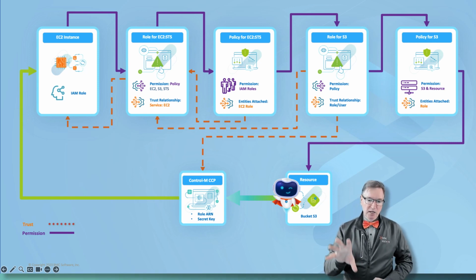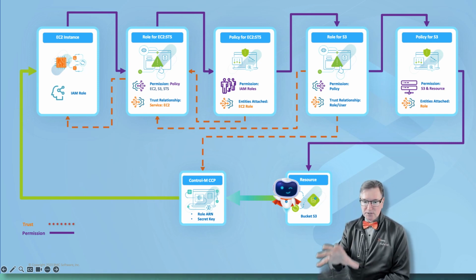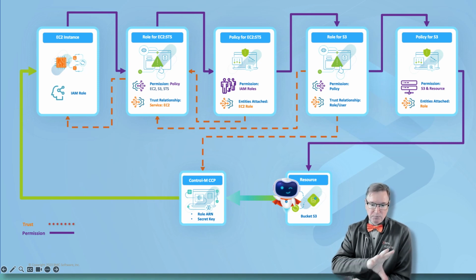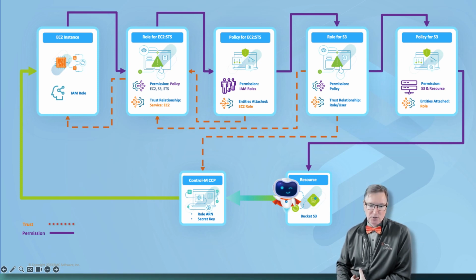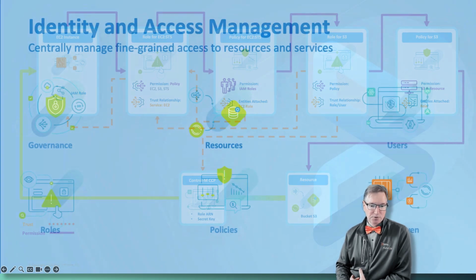On the other hand, we want to make it user friendly. So the path we have to walk for Control-M requires that we add a few more permissions, only to make it easy for the user to consume these resources. Just keep that in mind. Okay, we have access to these resources.